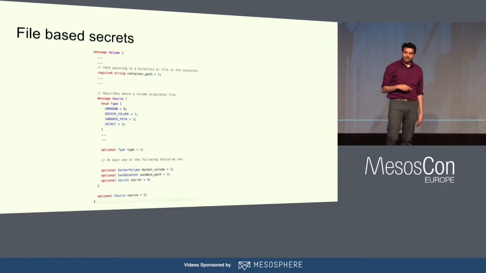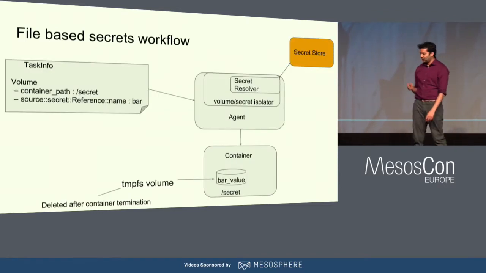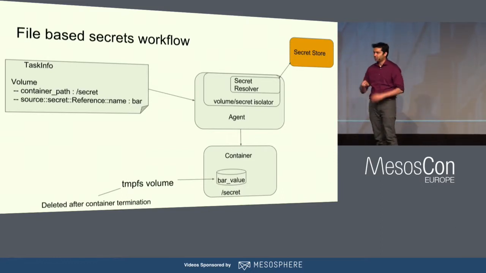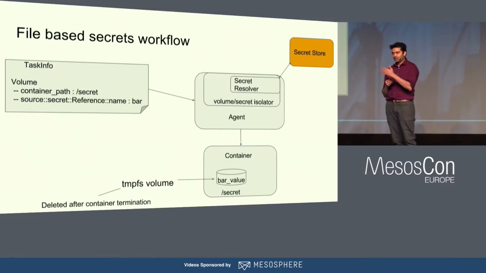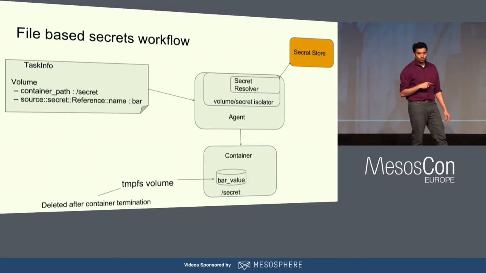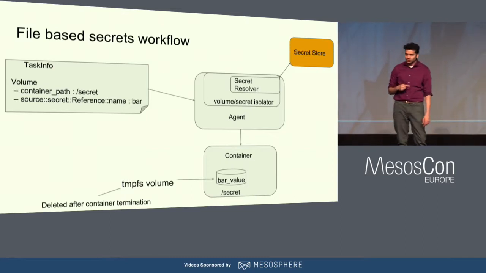And the nice thing about the way we did it is, even for volume-based secrets, we didn't want the things that are mounted in the container sandbox to persist after the container terminates. So the way we implemented this is it's going to be like a tmpfs volume mounted into your container.